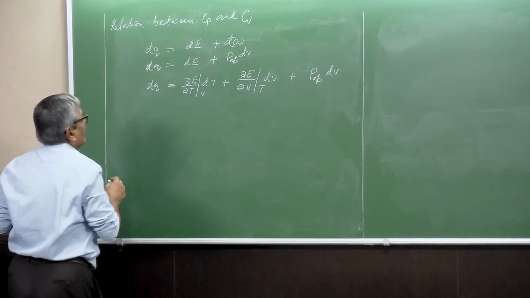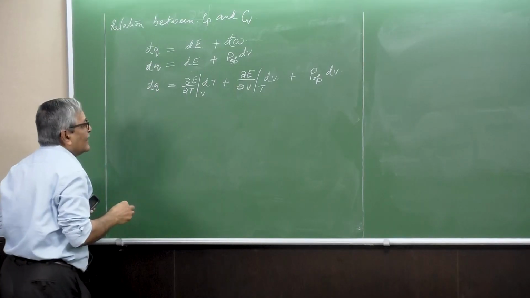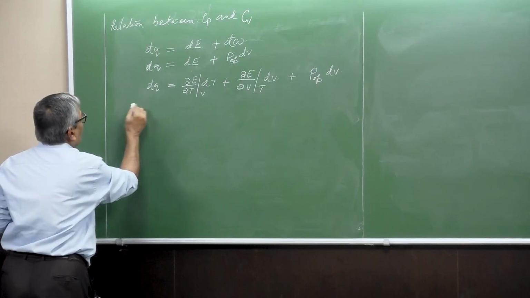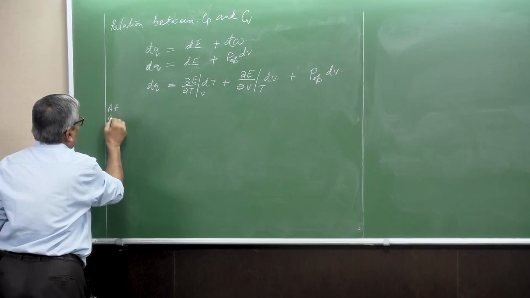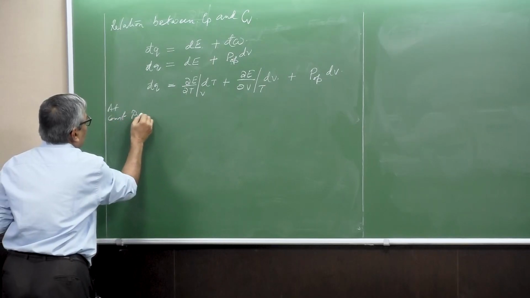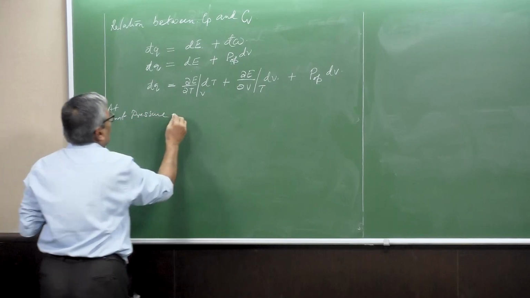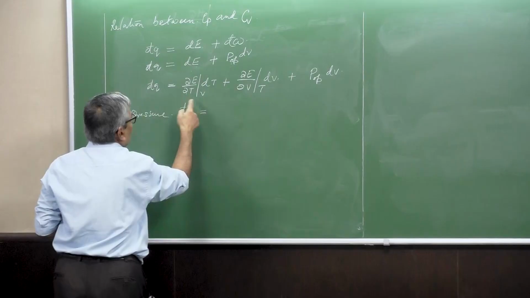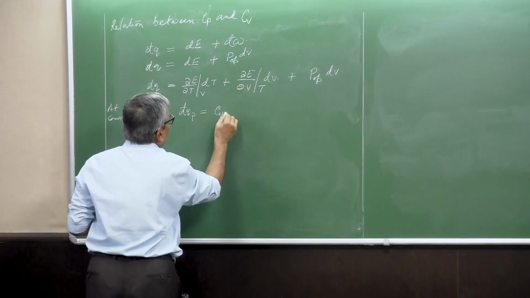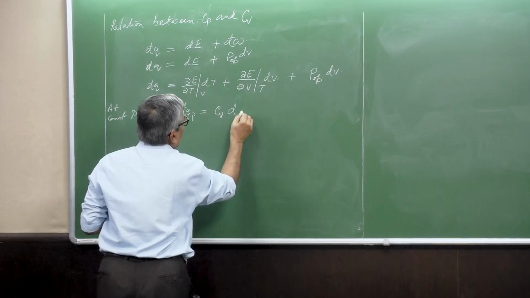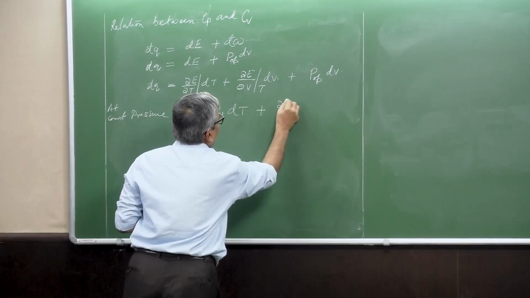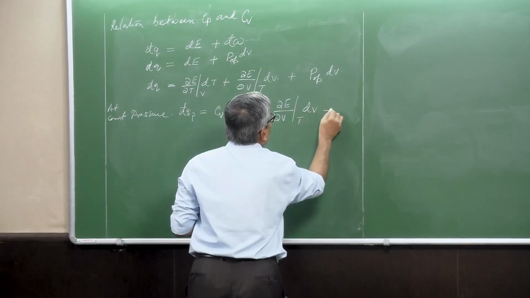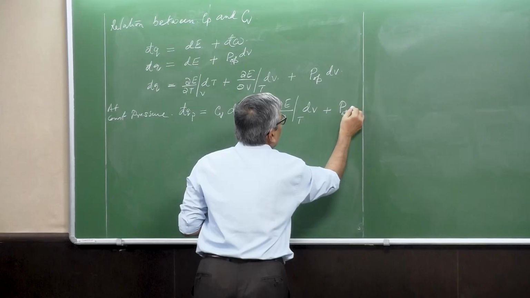If I carry out this experiment at constant pressure, dQp is equal to Cv times dT plus (del E/del V) at constant temperature times dV plus P opposing dV.